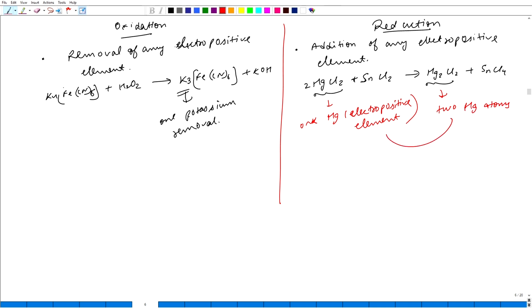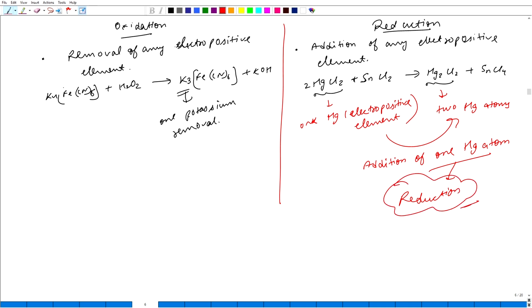That means, going from left to right we have added 1 mercury atom, that is an electropositive atom. So, this addition of 1 mercury atom, that is electropositive atom, is known as reduction.